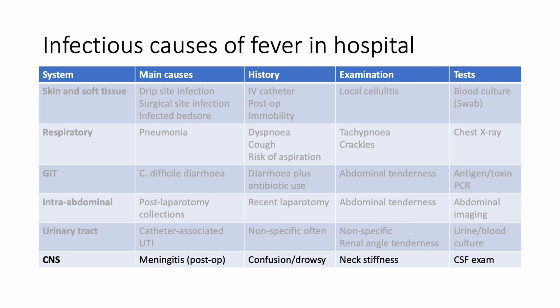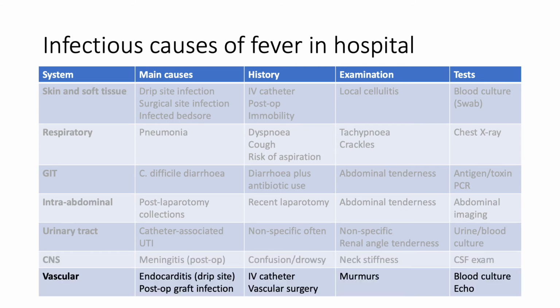If the patient has new neurological symptoms, most commonly confusion, drowsiness, decreased level of consciousness, and on examination, potentially neck stiffness. Also examining the local neurosurgical sites. And the critical test to do is CSF examination for cells, chemistry and culture.